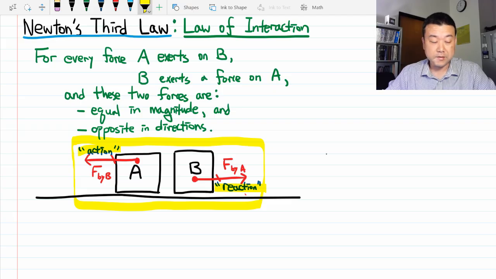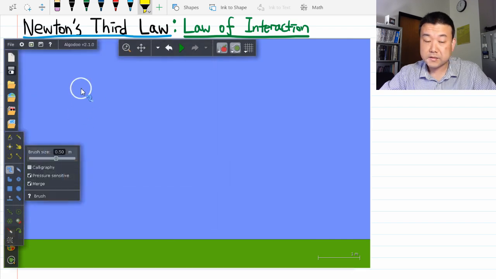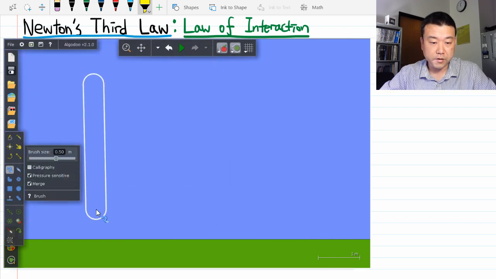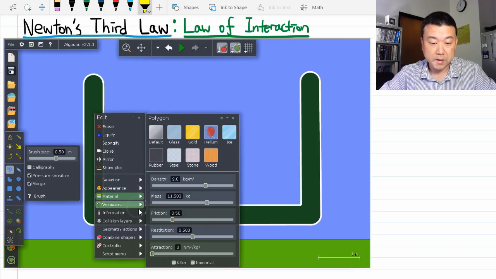Let me end this with a fun example, just so that you can see an extended series of interactions. Let me bring back the simulation, start a new screen. And this time I want to create a big box. Let me give this box the same properties as before, frictionless and elastic. And I want to make it a little bit heavier.